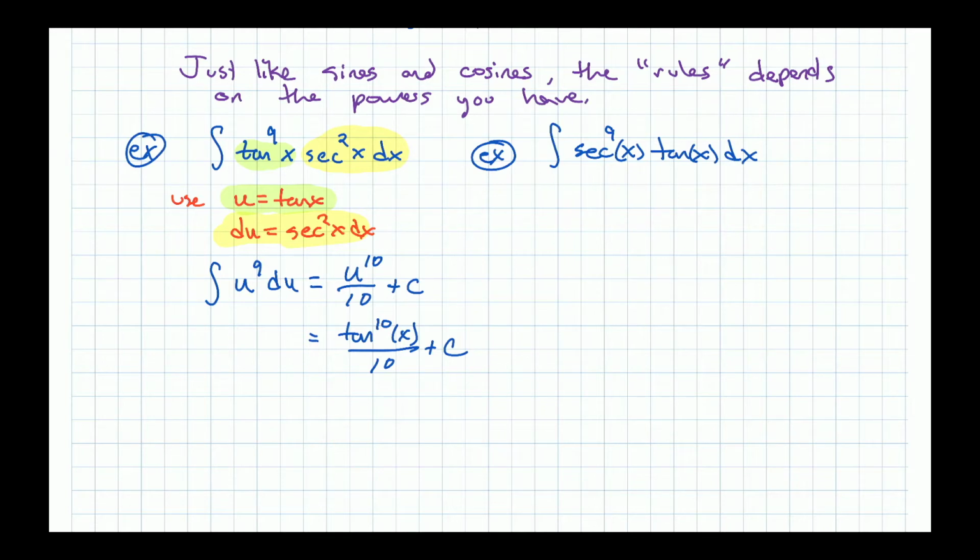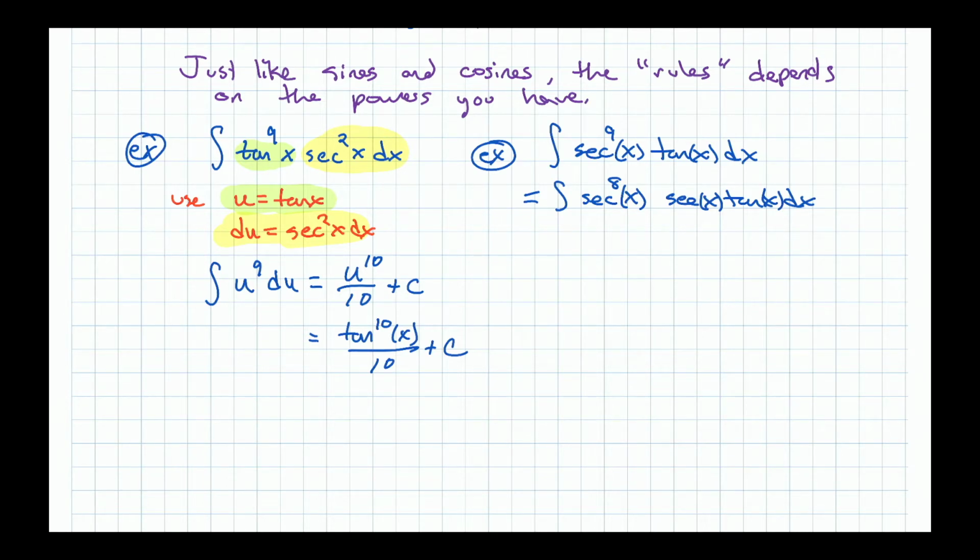Well, it doesn't work unless you do this, right? What you can do is take one of those secants off to the side and write it as secant to the eighth x, secant x, tangent x, dx, like so.